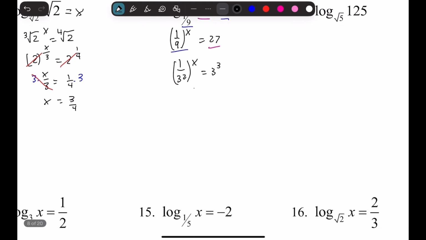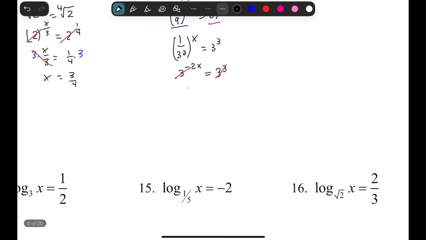Then we can flip this because we can just make this into a negative exponent instead. Negative 2x, and we have to multiply the power of x as well, and keep it times negative 2. So 3 to the power of 3, same bases as you know. So this is going to be negative 2x is equal to 3. X is equal to negative 3 over 2.